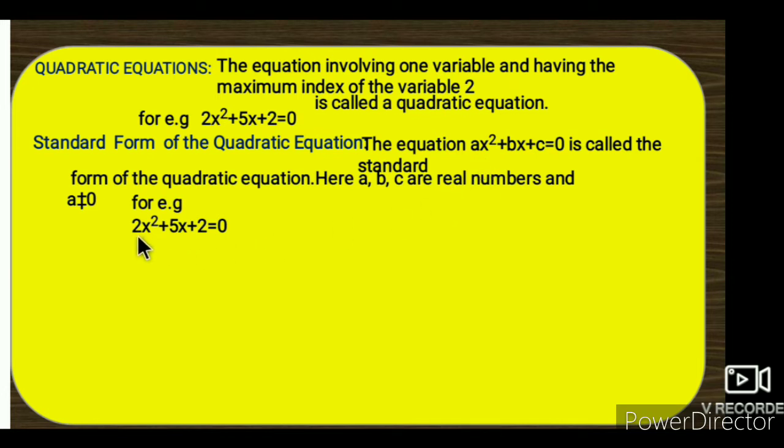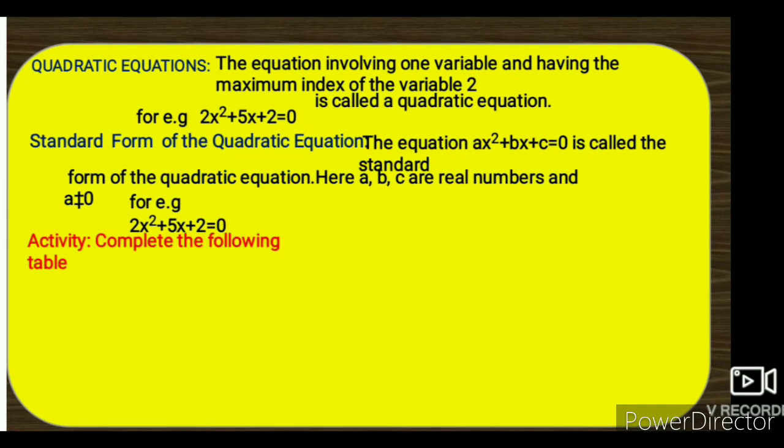The value of a is 2, b is 5 and c is 2. All these three values are real values. The value of a is 2, therefore a is not equal to 0. Therefore, it is a quadratic equation.